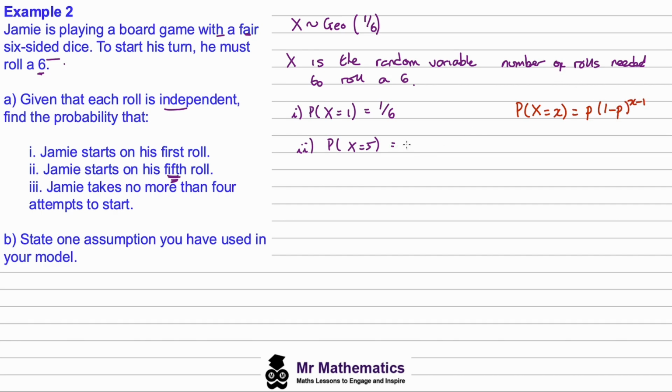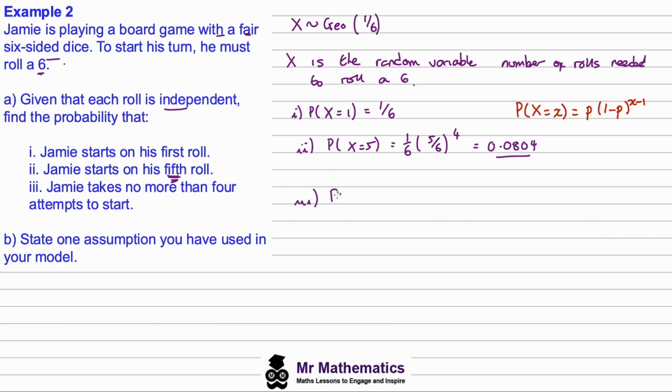So this will be p, which is 1/6, multiplied by 1 minus 1/6, so 5/6. And then we must have had 4 fails. So we can work this out, and we get 0.0804 to 4 dp.